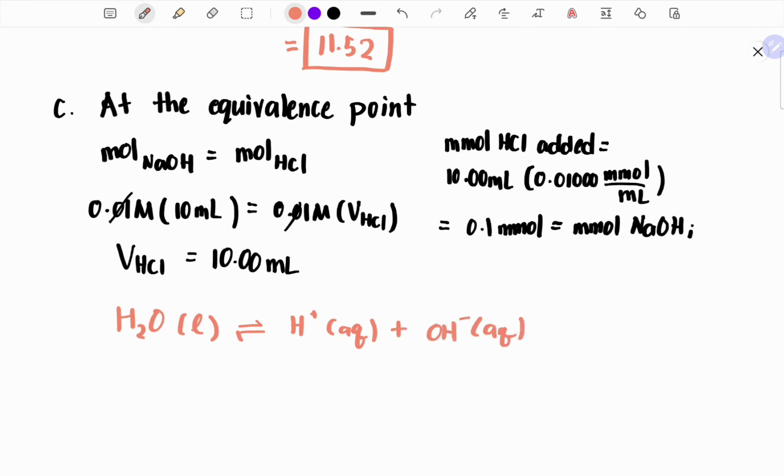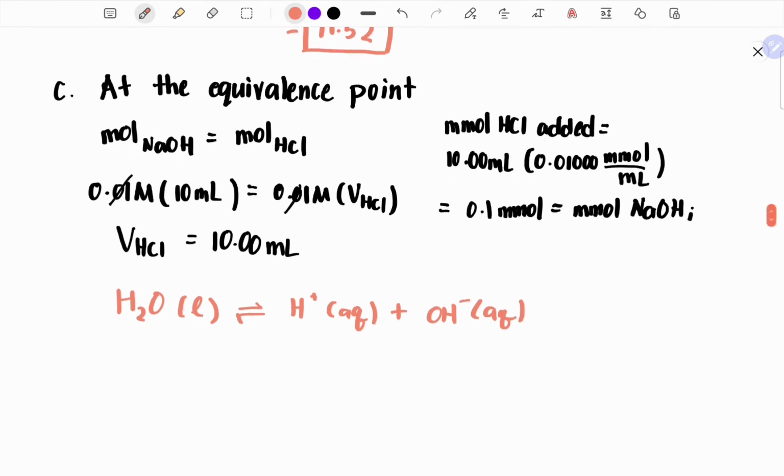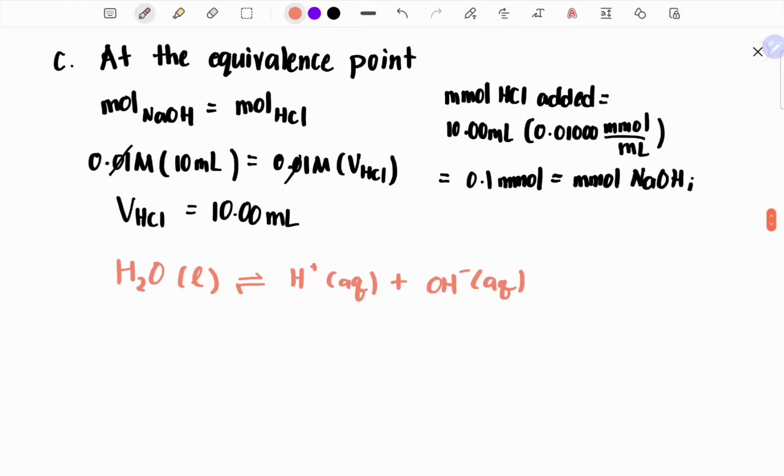I may have said that the other way around. This is a very weak acid or a very weak base. We can quantify the extent of the appearance of the products compared to the reactants easily by describing the equilibrium constant.